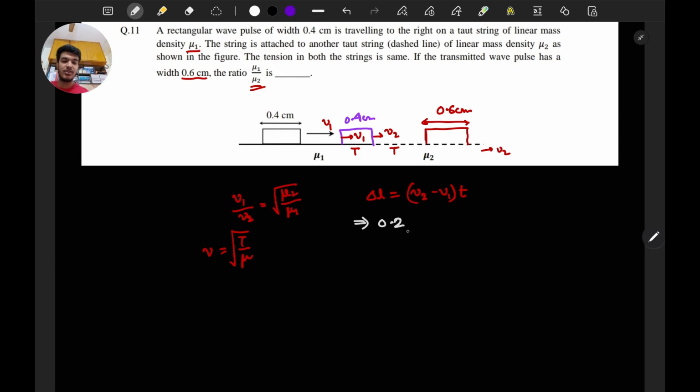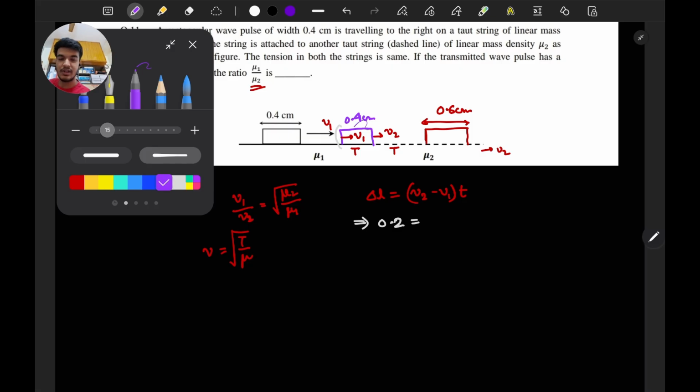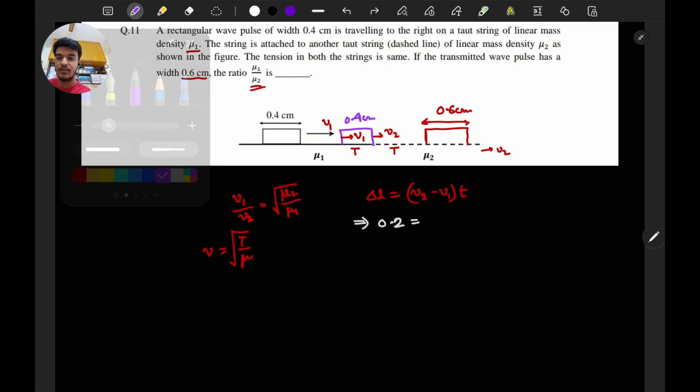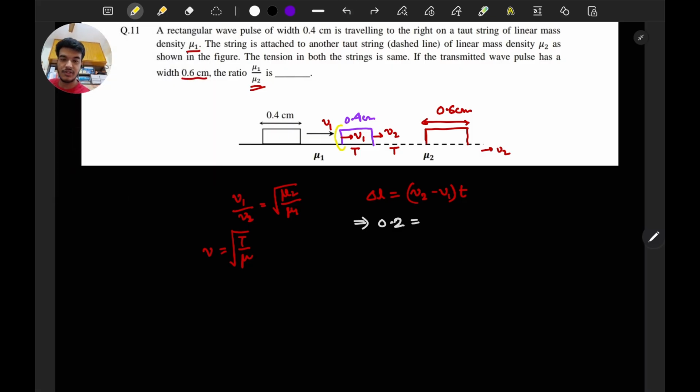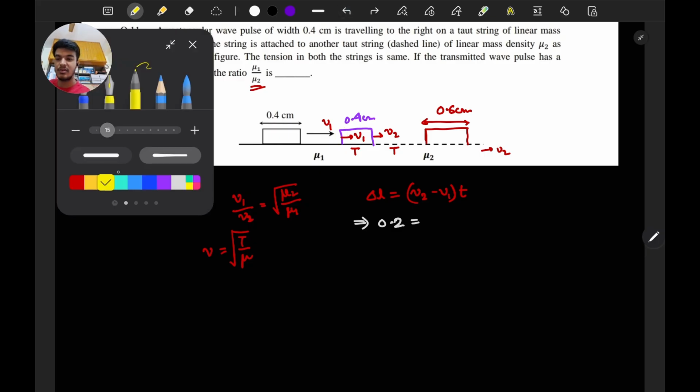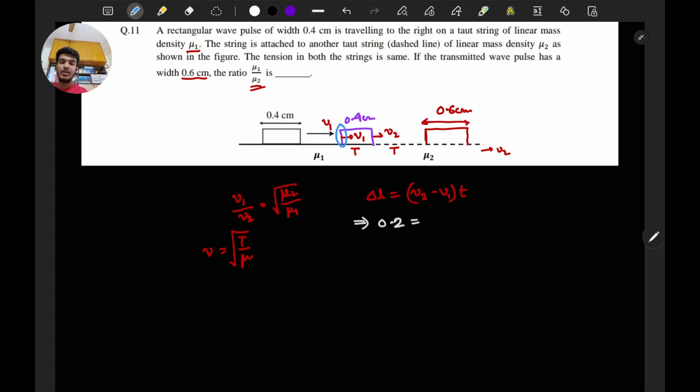And what is this time t? t is the time taken for the last end to reach the boundary, or the junction of the surface. So it reaches the junction at time small t, which is basically t equal to 0.4 by v1.